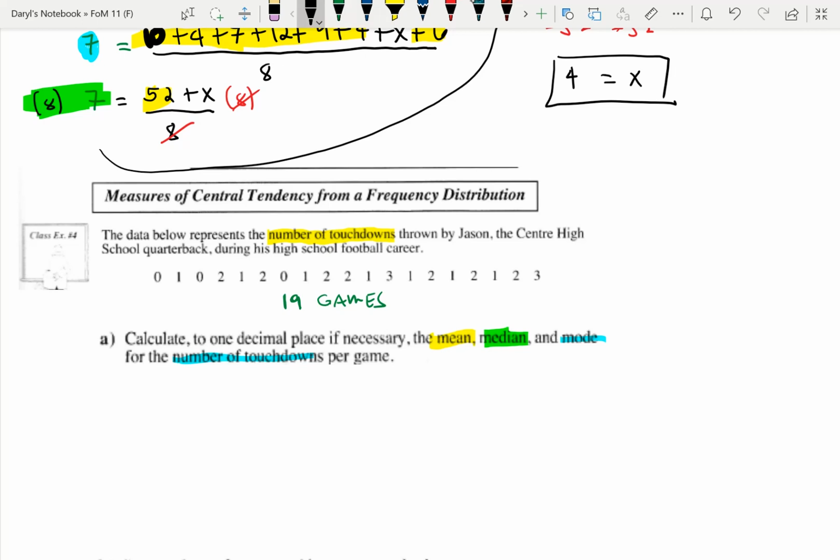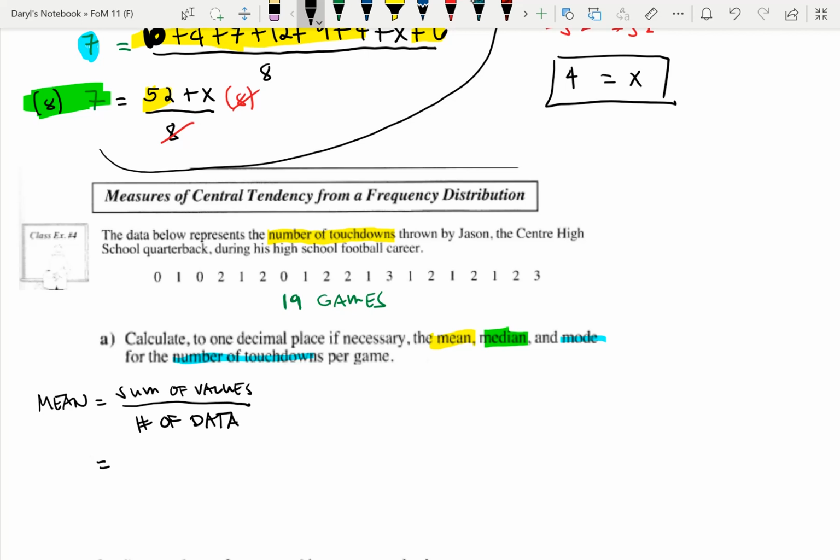Again, the mean is just the sum of values all over the number of data. So the sum of the values, I'm just going to add everything up.